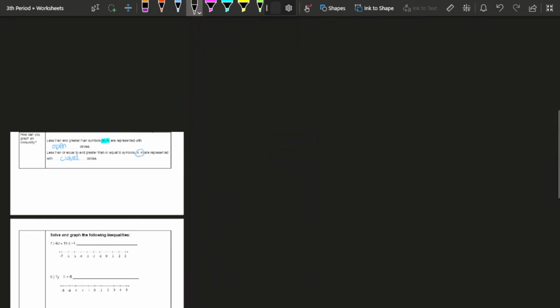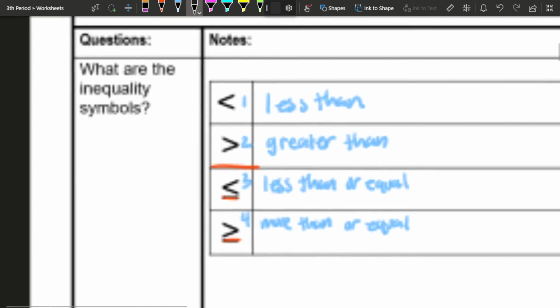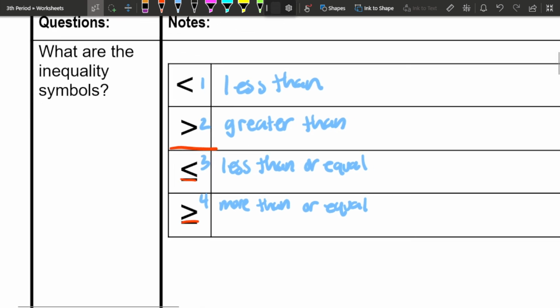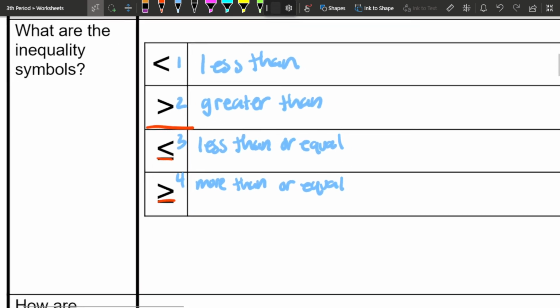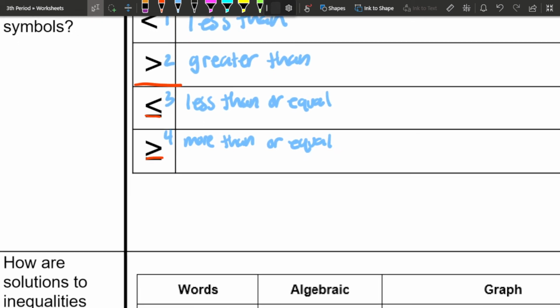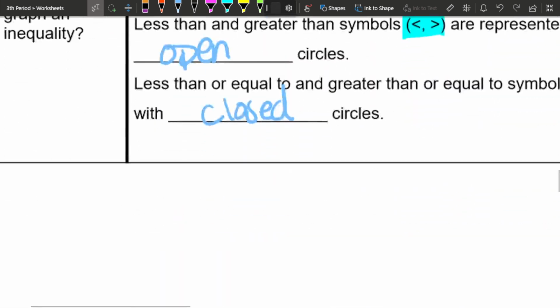Let's go back to them and tell me, is it going to be 1, 2, 3, or 4? Is it going to be the top two or the bottom two? Which one? 4, more than or equal. She wants to make at least $80.